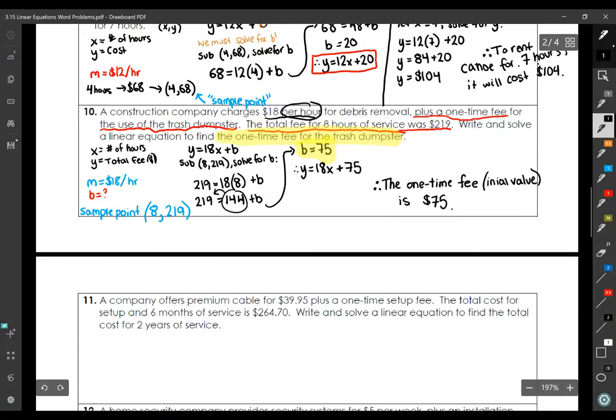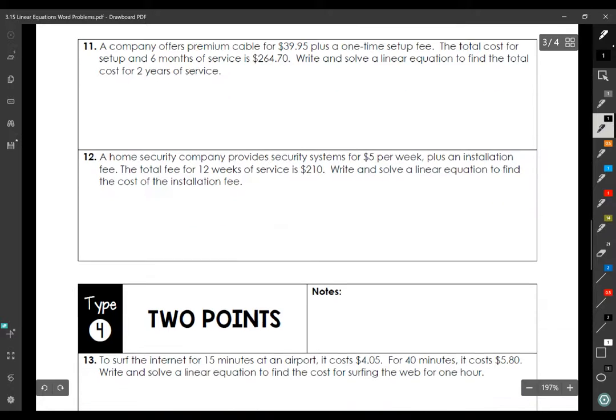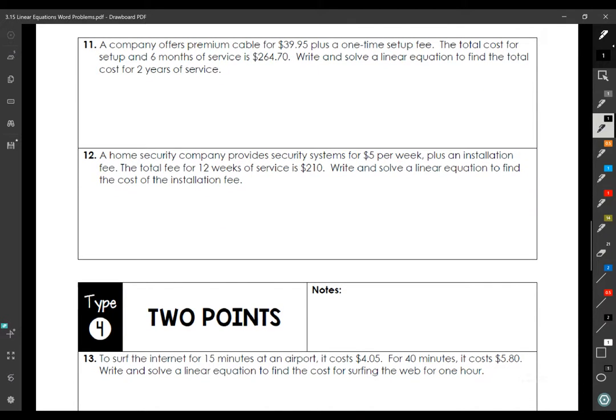Okay, so moving on. Question 11. A company offers premium cable for $39.95 plus a one-time setup fee. That one-time setup fee should ring bells and make you pay attention because it means initial value. Okay.